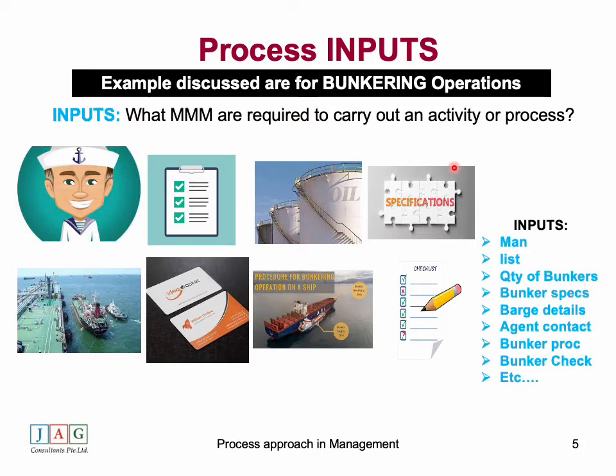So typically we list down the inputs. We've just discussed these inputs, not that these inputs are comprehensive. You may have a few more inputs and you can add that. So you require men, a list, quantity of bunkers, bunker specifications, barge details, agent contact, bunkering procedure, bunkering checklist, etc. This is what you require as input.